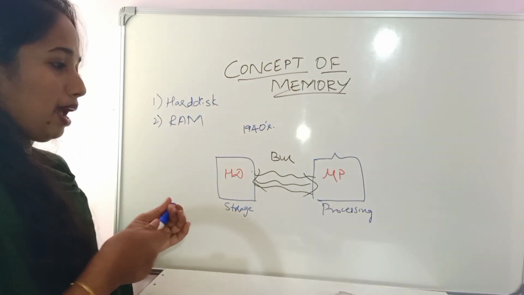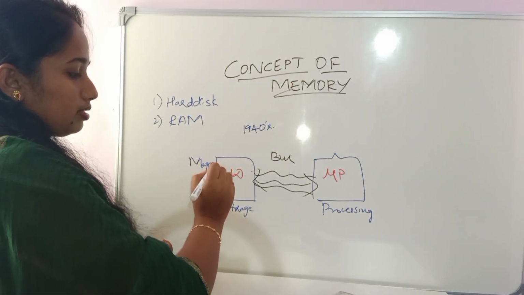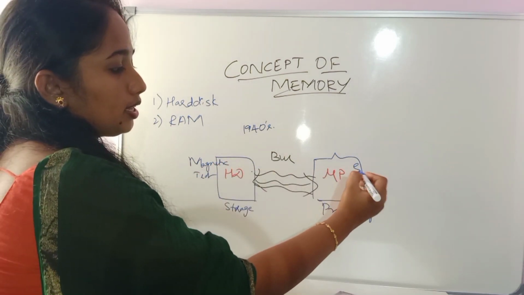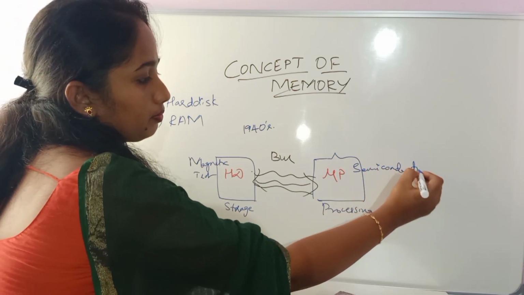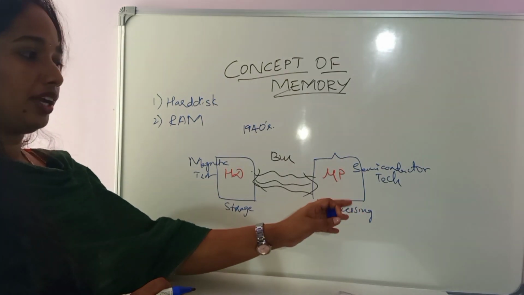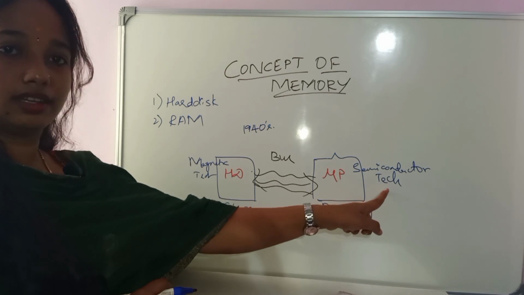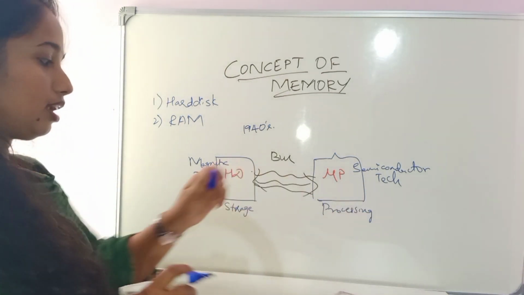Hard disk is a magnetic technology device and microprocessor is a semiconductor technology device. If you have watched my last session, you will find that I have explained the microprocessor. It consists of n number of transistors and diodes.